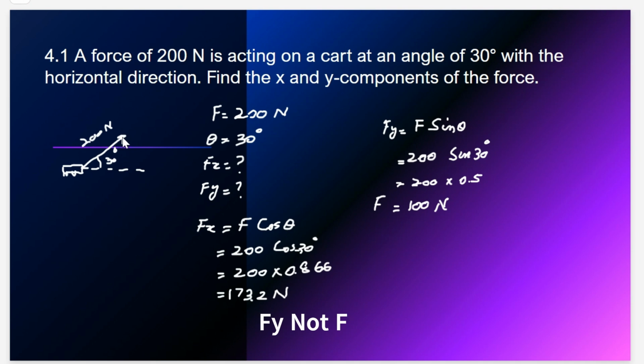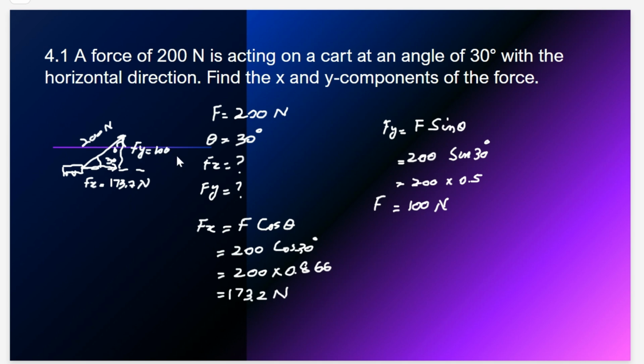It means that if we resolve this force into its x and y components, this is the x component and this is the y component. So Fx, as we have calculated earlier, is 173.2 Newton, and this Fy was 100 Newton.